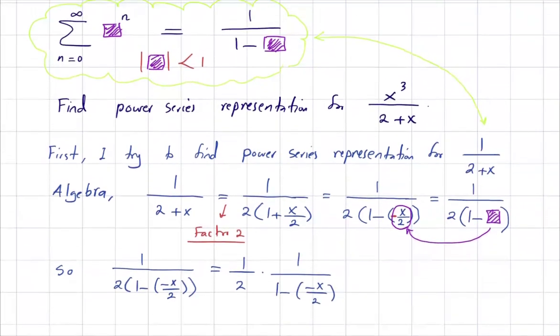The pattern says, as long as this quantity has absolute value less than 1, it is convergent to 1 divided by 1 minus that quantity.